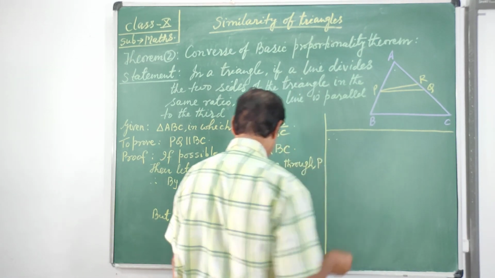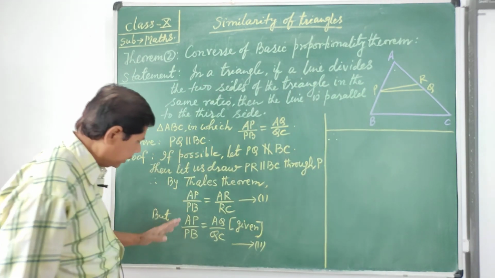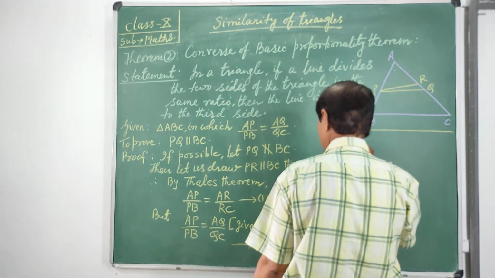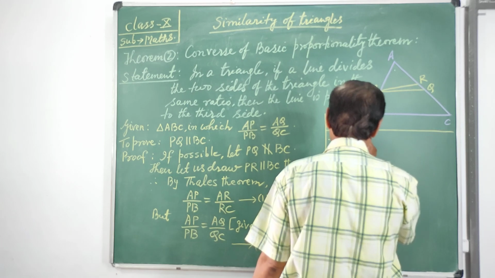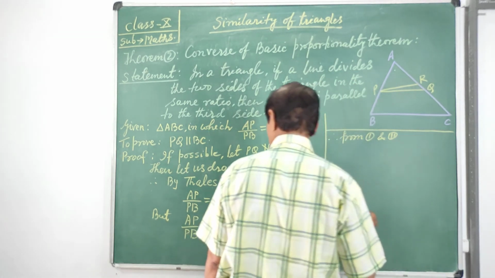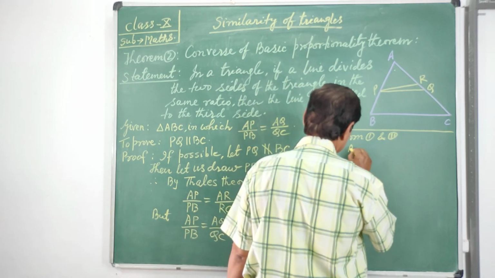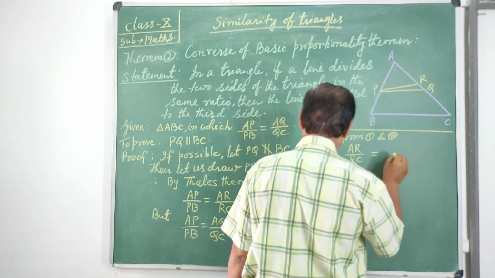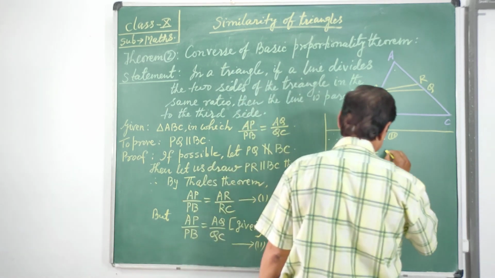Therefore, from 1 and 2, the left hand sides are equal, so the right hand sides should also be equal. Therefore, AR by RC equal to AQ by QC.